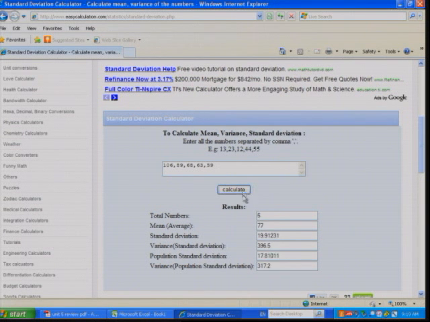If I calculate for the males, I'm going to get a mean of 77. Now, the range, I can do that in a minute. The standard deviation for the males, based on this calculation, is 19.91.